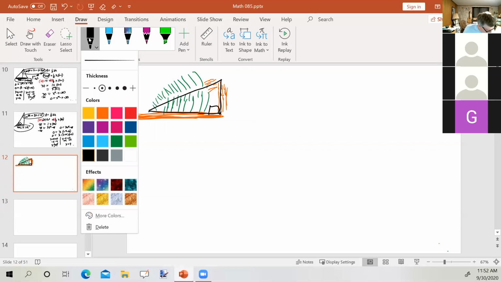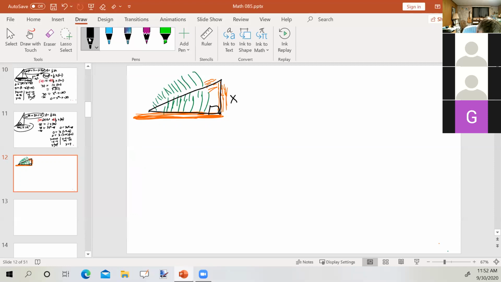Now, it says a tree was blown over in a windstorm. Find x, then find the height of the tree when it was standing upright. They tell us that this distance is x feet. This distance along the ground is x plus 2 feet.